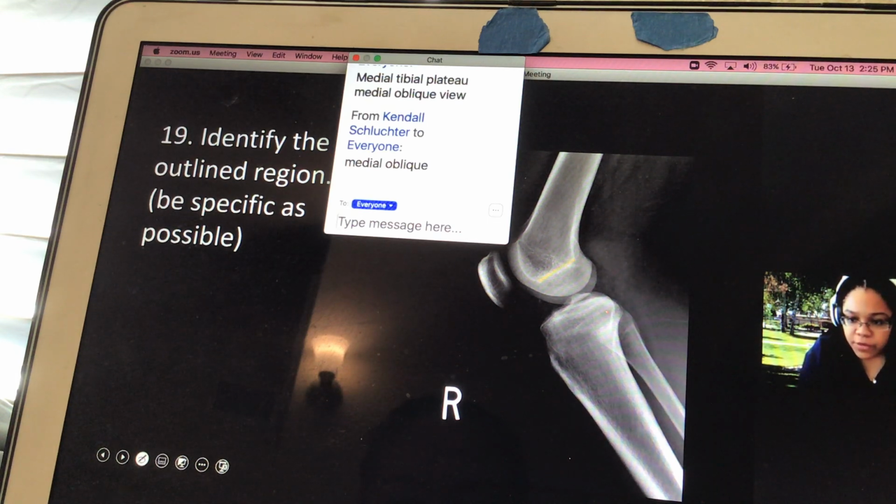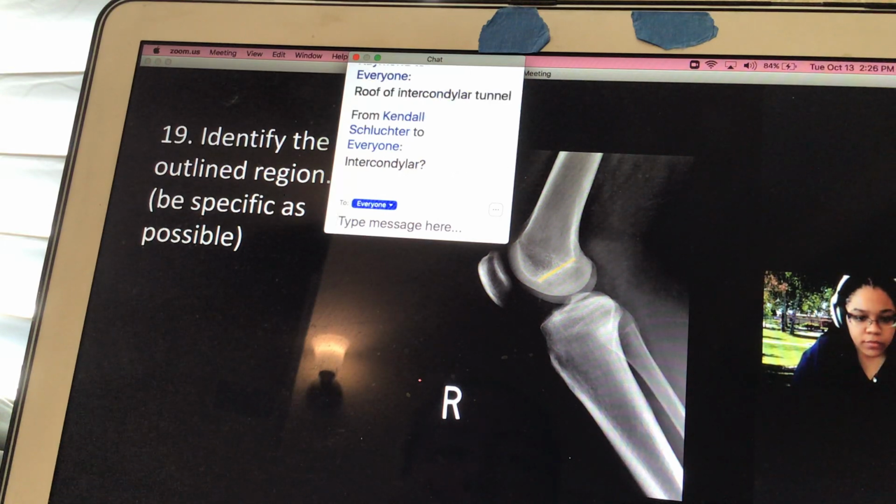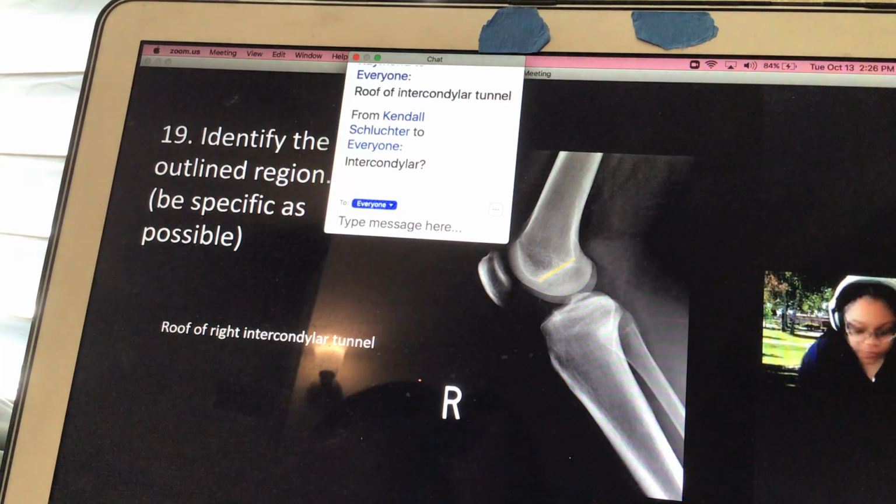Got another lateral view present. What did we say that was? Good, it's the roof of the intercondylar tunnel.